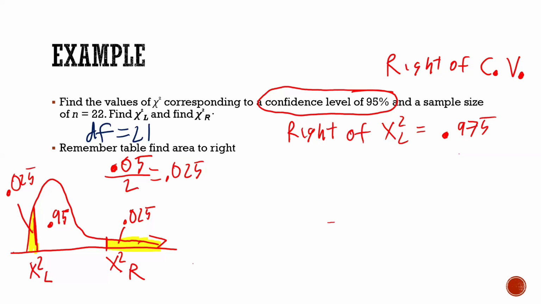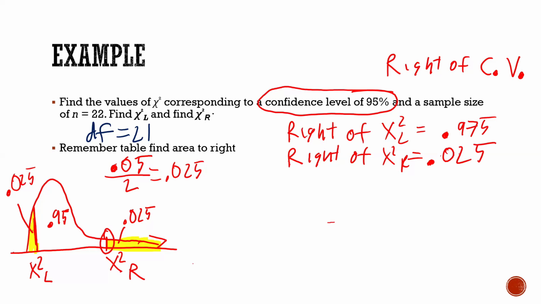So that's the right of the left one, right? The right of the right one is super easy. What's the right of this line? Okay, so that tells us how to use our table.